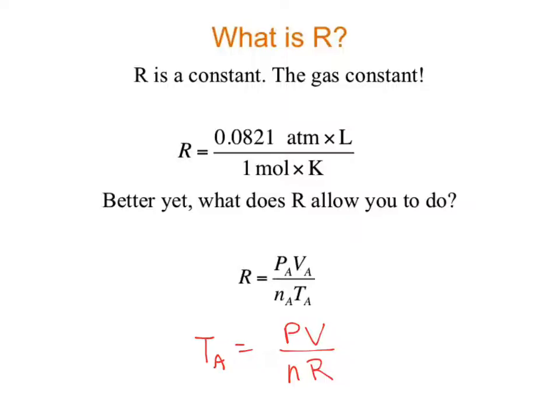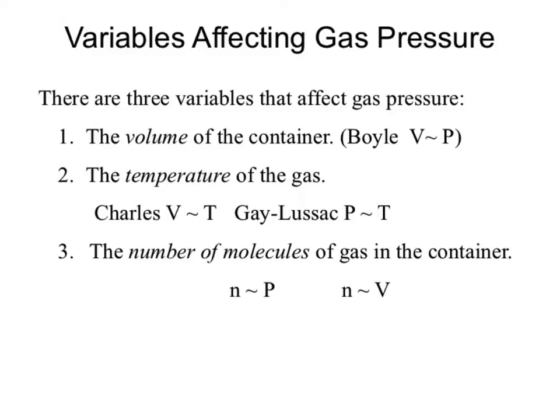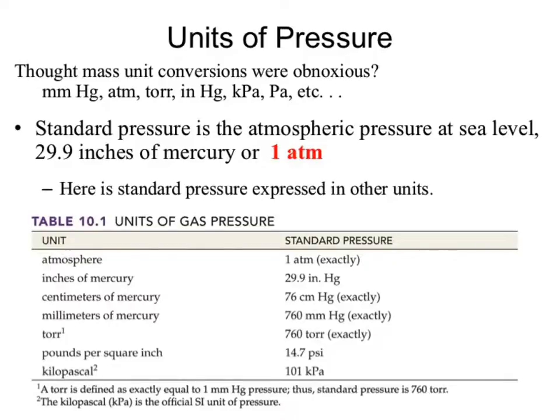So are we going to have to memorize that? The only reason you would need to know those other R values is if you were using a different pressure unit. Okay? But what did we say you had to do with all those pressure conversions? I said don't memorize it, don't worry about it, because you're not going to have to do it.